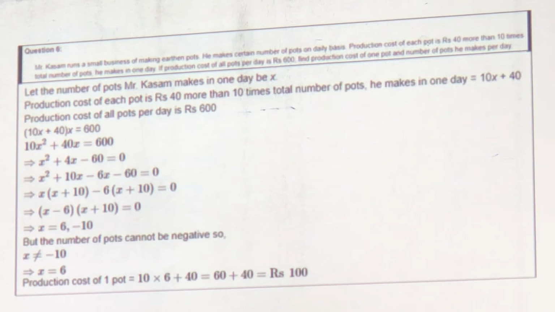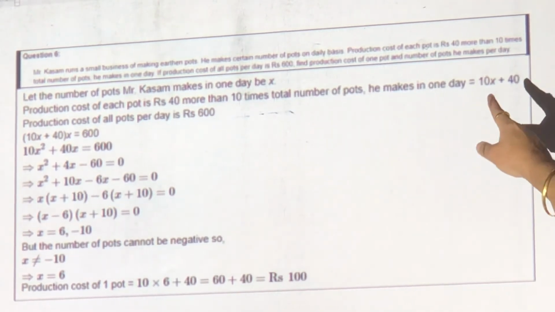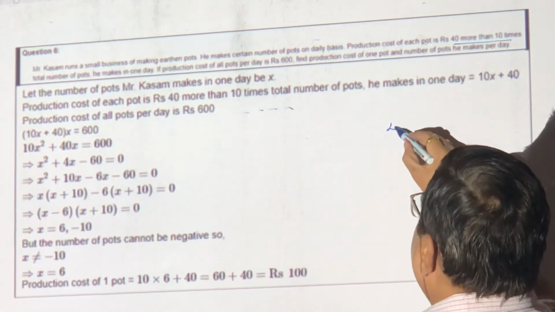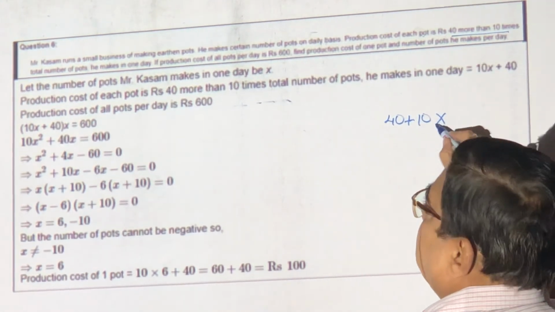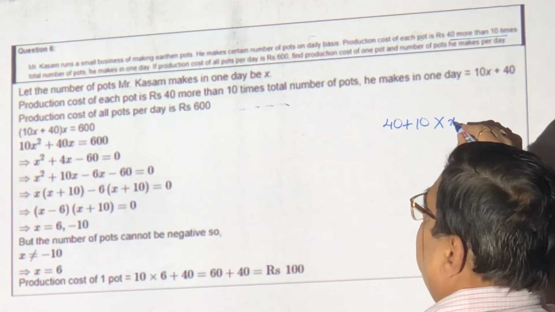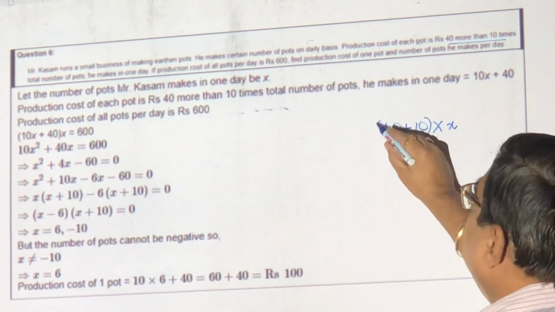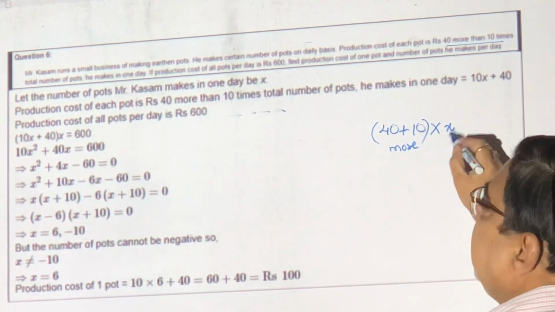What is the last thing? Number of pots. Call it x. Now, production cost is 40 more than 10 times the number of pots.